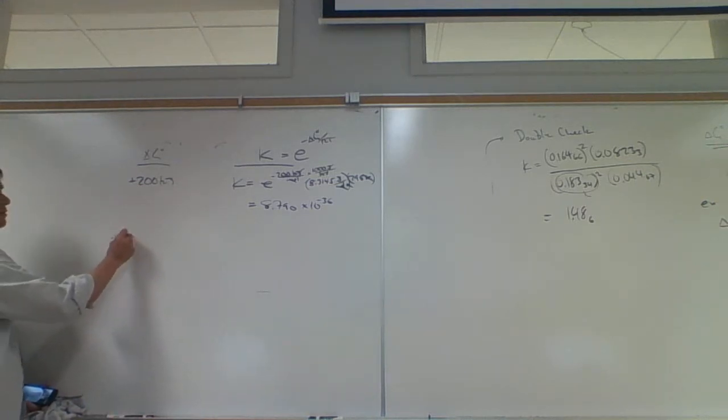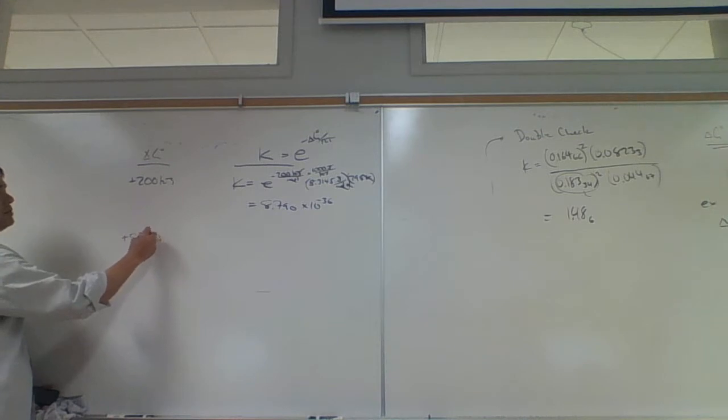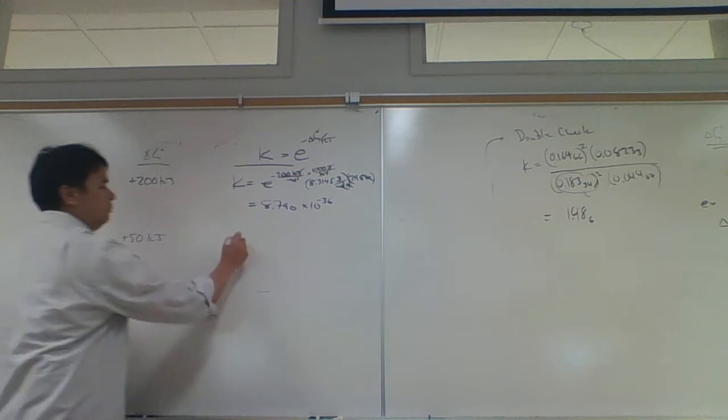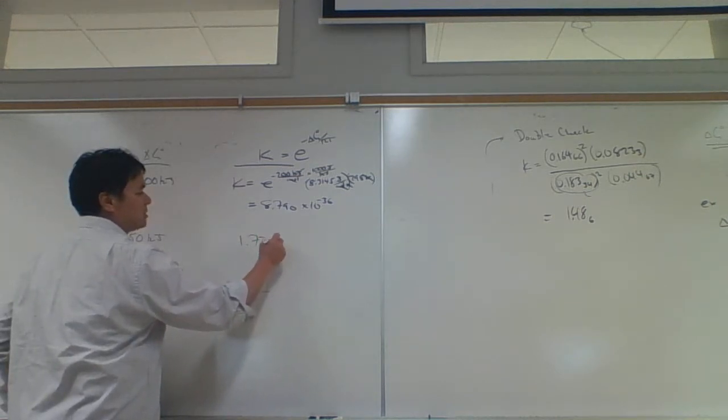And so let's go to plus 50. If we go to plus 50 kilojoules, what's my K equal to? It's 1.72 times 10 to the negative 9?